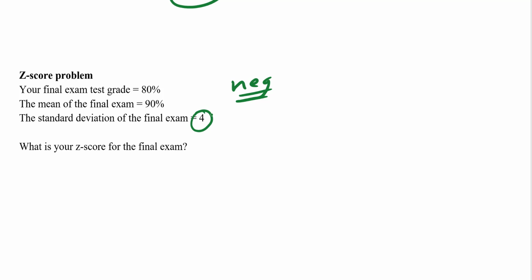So basically this is what you're going to do. You're going to say you're 80% minus 90%. So this is you minus the class. Okay, and that's going to be negative 10. And you know it's negative. If you do it the other way and say 90 minus 80, that's okay, but you have to make sure you make it negative because you're below the average. So the Z-score is negative.